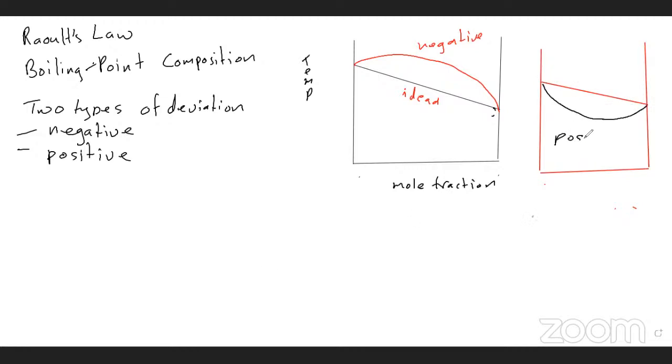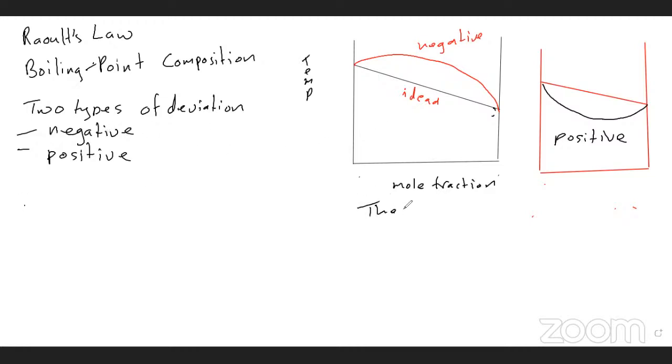This one is positive deviation. So these are for the boiling point. Negative above it, positive below it. If it's vapor composition, it's the opposite.